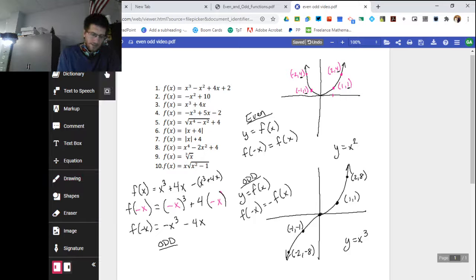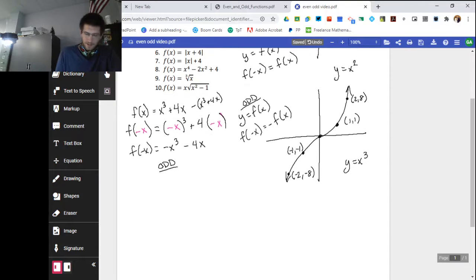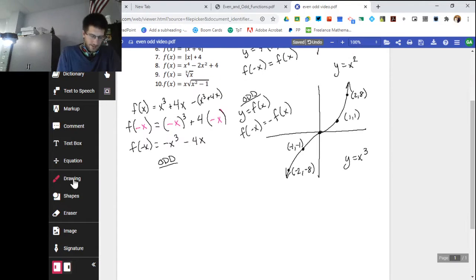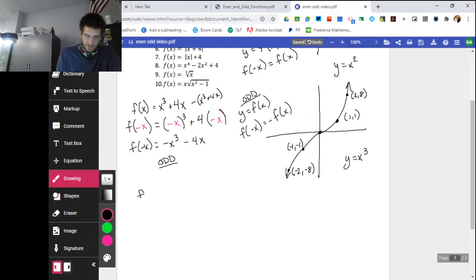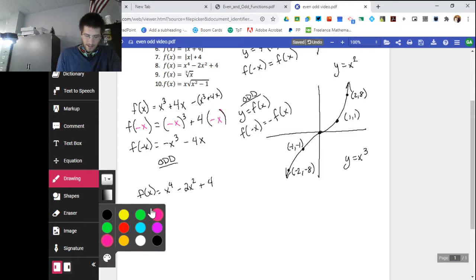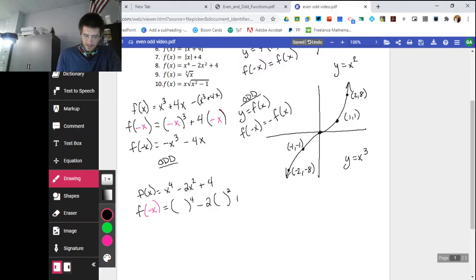All right, let's take a look at a different function here. Let's take a look at this number 8. So if we have f of x equals x to the fourth minus 2x squared plus 4, and I want to test it, what happens if I put a negative x in? Well, that would be like this.